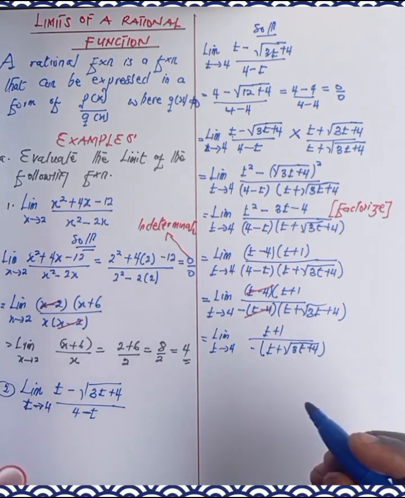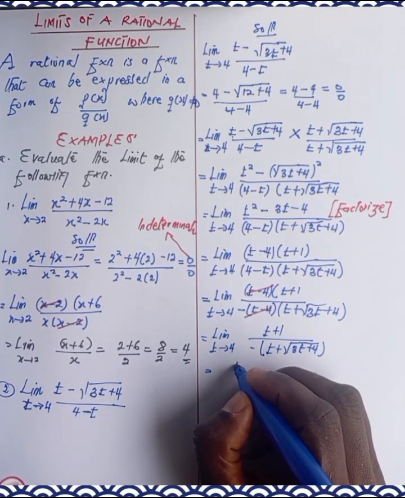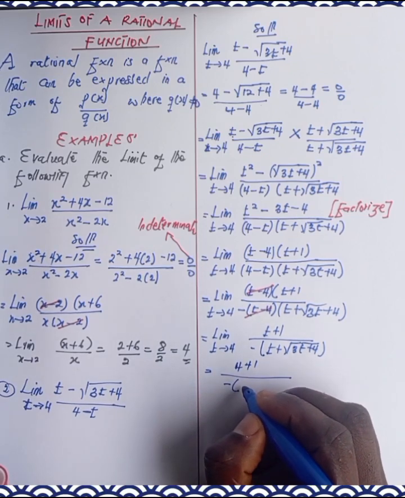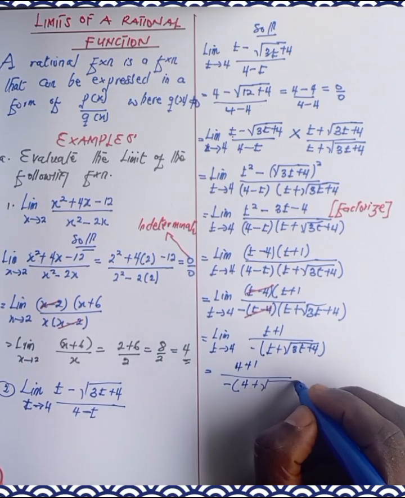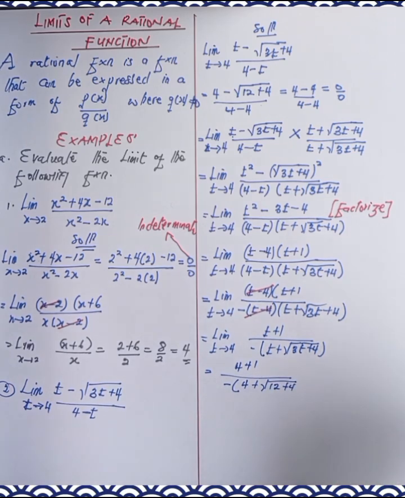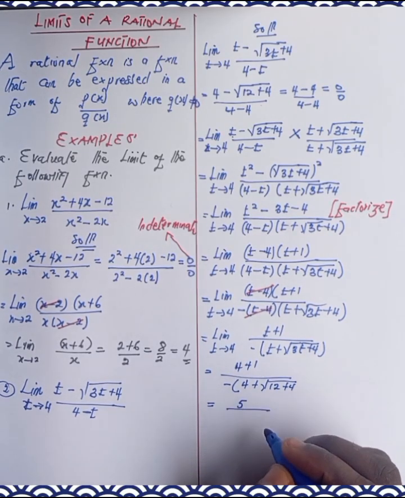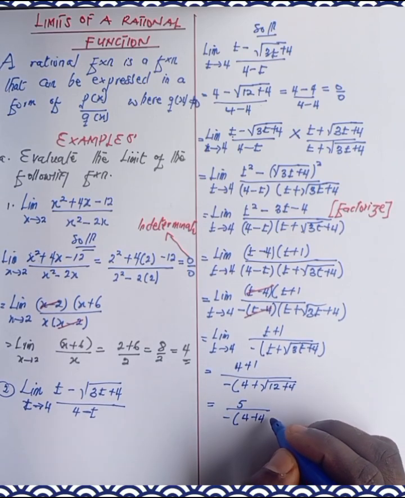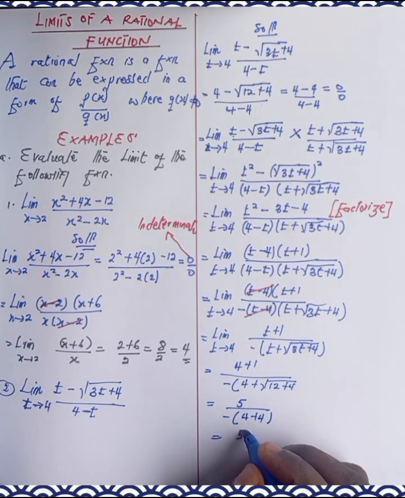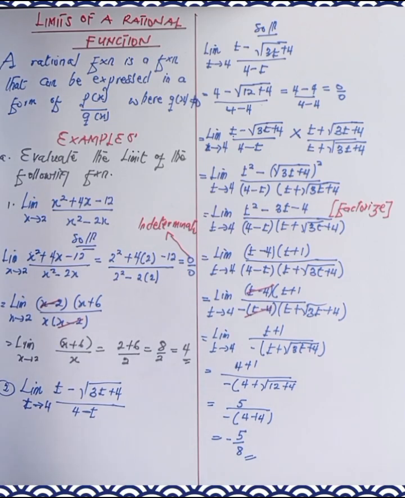So in taking the limit we are going to get (4 plus 1) all over minus (4 plus root of 12 plus 4). And this is going to give us 5 all over minus (4 plus 4). And at the end, we are getting 5 over minus 8. And this is the limit of the function.